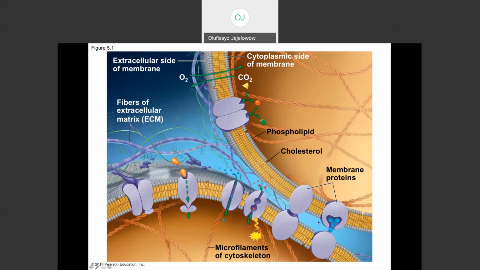Other membrane proteins could be glycoproteins that enable the cells to recognize the neighboring adjacent cells. So it can recognize a cell, or it can recognize foreign unwanted cells.